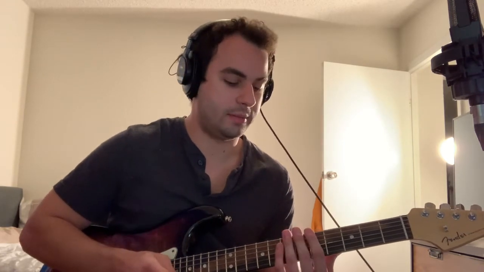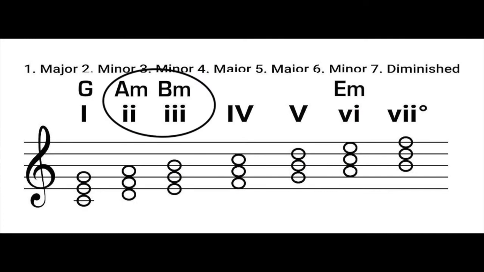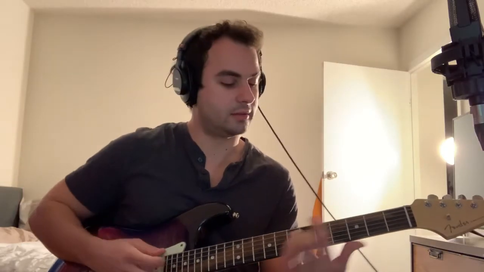So you go A minor, E minor, B minor. You know the song's in the key of G, because you got the 2 minors next to each other, your minor 2 and your minor 3. Yes, there's another minor. Of course, that's your minor 6, right?